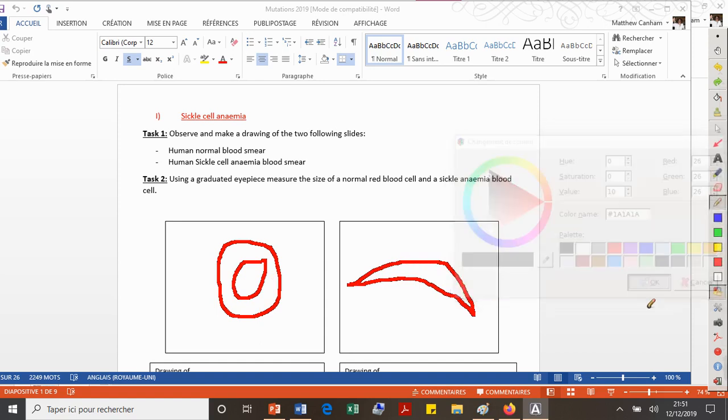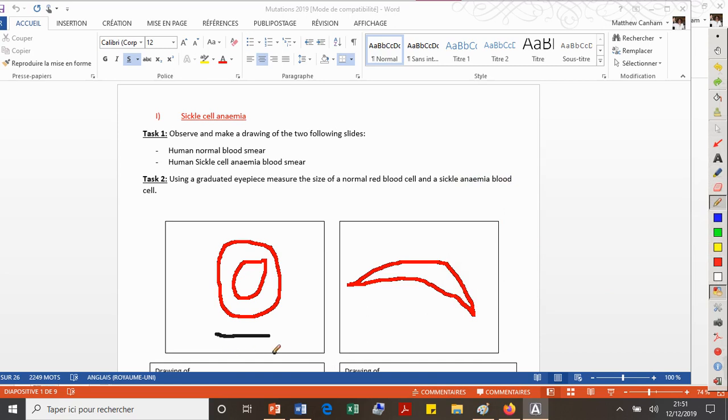Just in terms of size, a classic red blood cell is roughly 7 micrometers, between 7 and 8 micrometers. Okay, so this is what we can observe with the microscope: two types of red blood cells, a nicely circular shaped one and a sickle cell shaped one. Okay, let's move on.